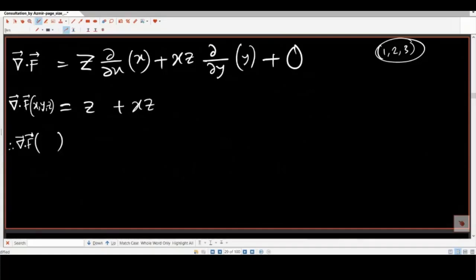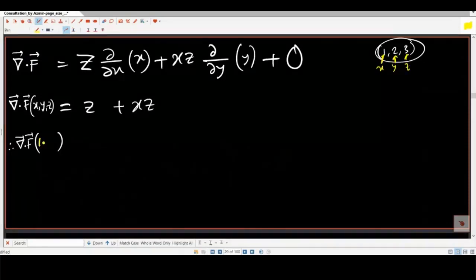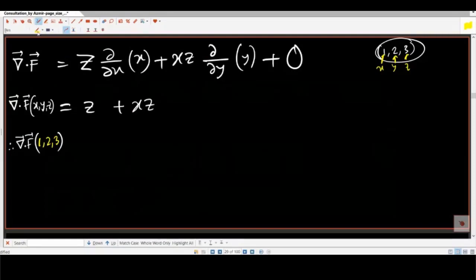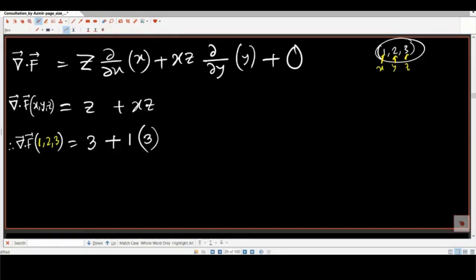So let's input the values of x, y, and z. x is 1, y is 2, and z is 3. So z is 3 plus x is 1, z is 3. So we have 3 plus 3, that is 6. That is, divergence of f at the point 1, 2, 3 is equal to 6.